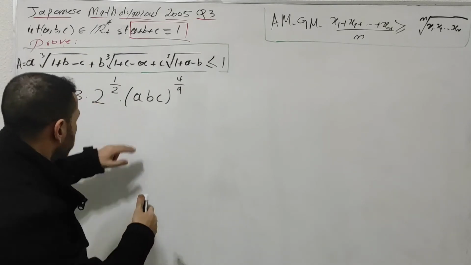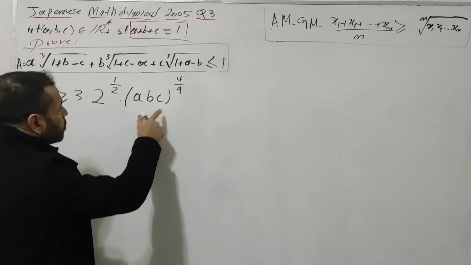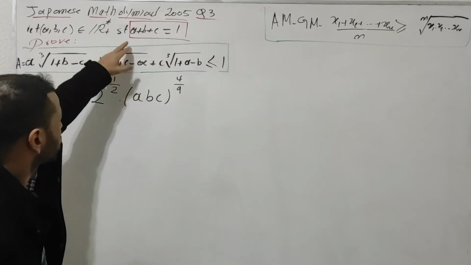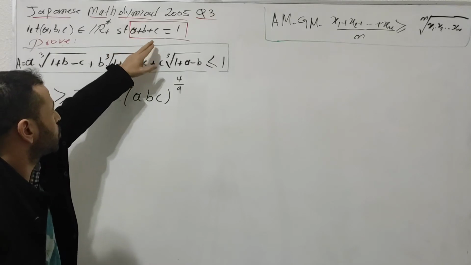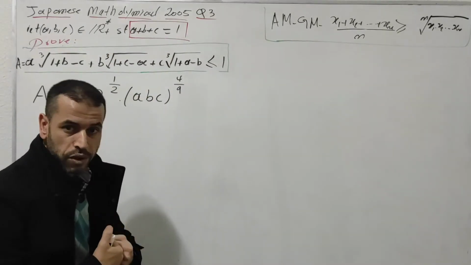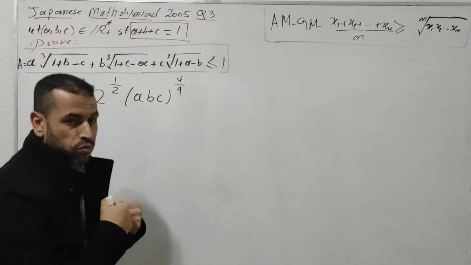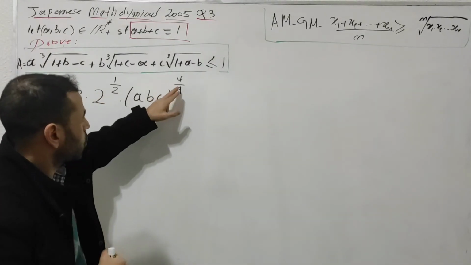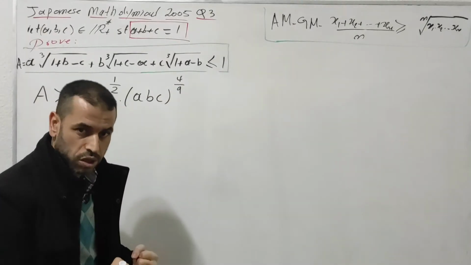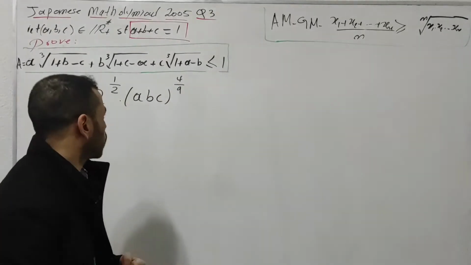But this problem is tricky, because we don't know the value of this number here. But we know the sum of these numbers equals 1. When you apply the product of those numbers, the numbers become smaller. As you increase the exponent, the product becomes smaller and smaller.